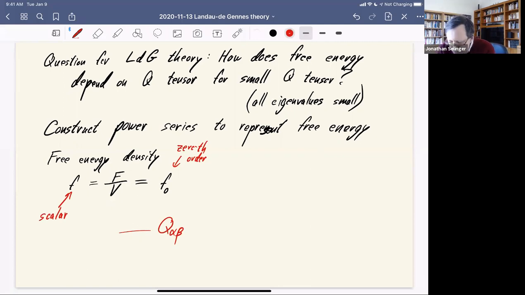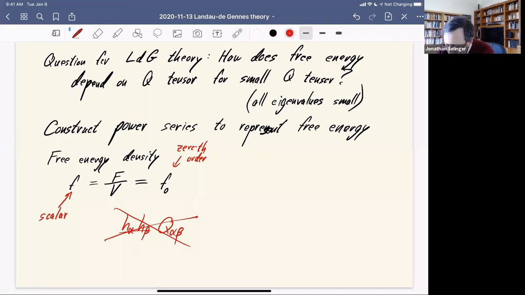Well, if we had some vector lying around, some vector h, we could contract it with h alpha, h beta. That would make a scalar. But the thing is, we don't have a vector lying around so that we can make a contraction. There's no special direction other than the special direction that's built into the Q tensor itself. So that won't work either.